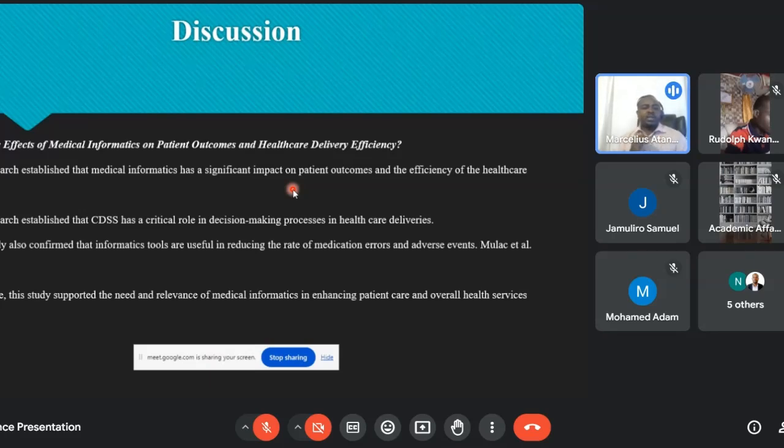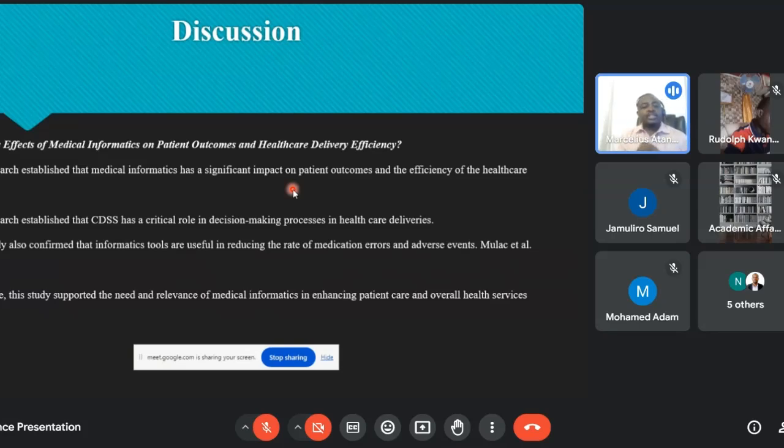The study also confirmed that informatic tools are useful in reducing the rate of medication errors and adverse events, just as we discussed in the case of a lab technician collecting a patient's data, where any slight mistake will affect the conclusion from the medical doctor, and that will impact the patient's health.